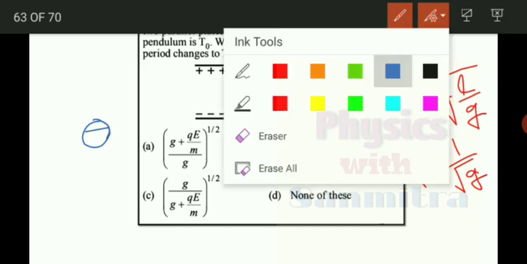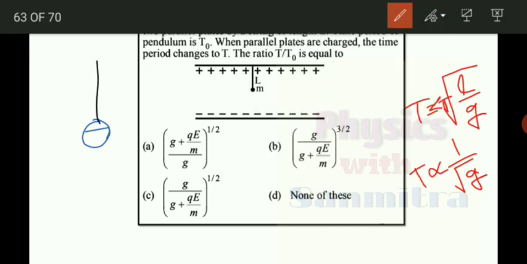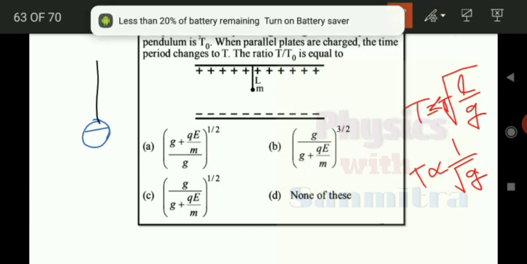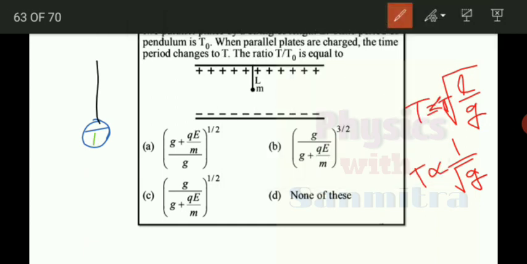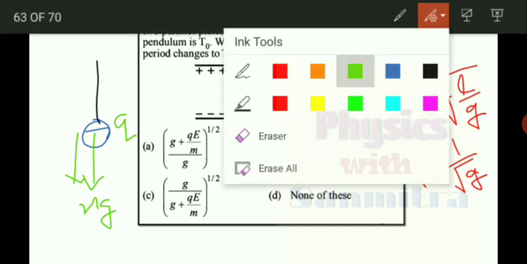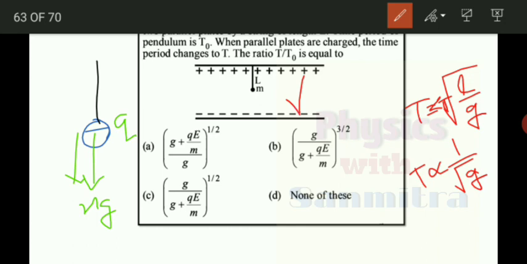See, this is the bob, and what is the net force acting downwards? One force is mg. The other force, since this is charge plus q and the electric field is from top to bottom, will be QE. So the net force is QE plus mg.